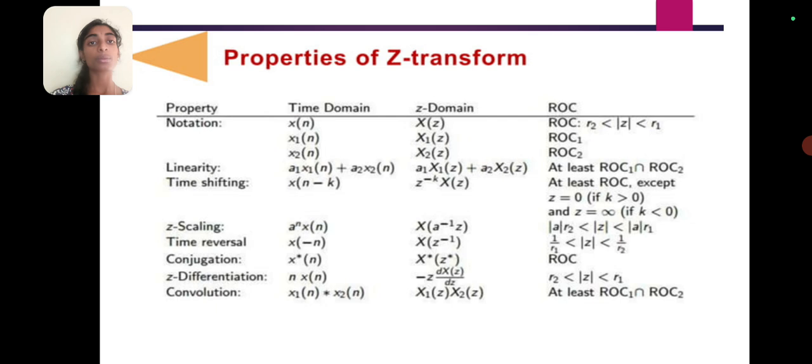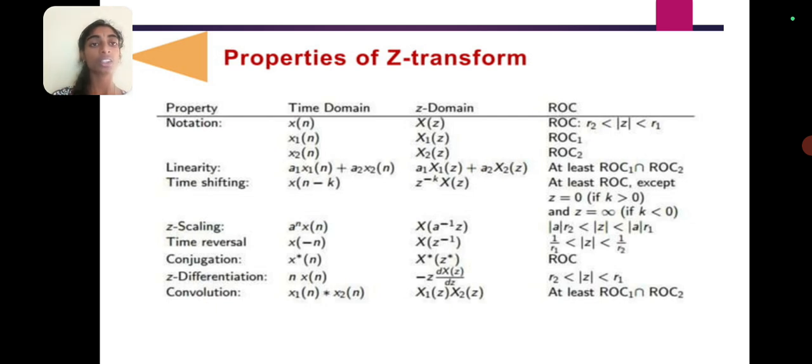Properties of Z transform. Property notation: time domain x(n), x1(n), x2(n); Z domain X(z), X1(z), X2(z); ROC is R2 less than magnitude of z less than R1, ROC1, ROC2.